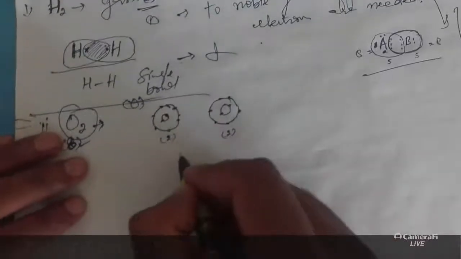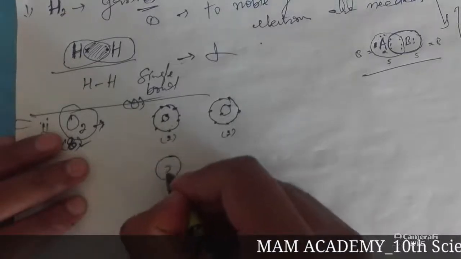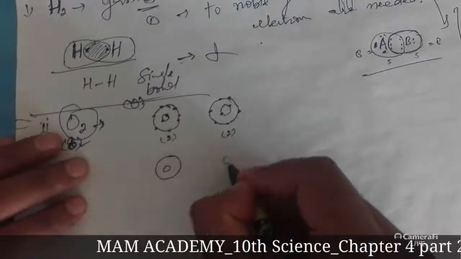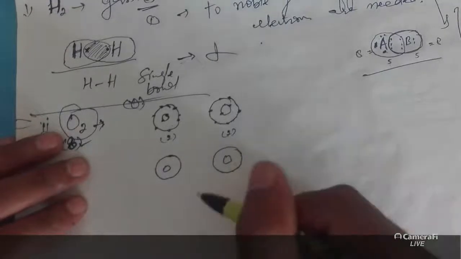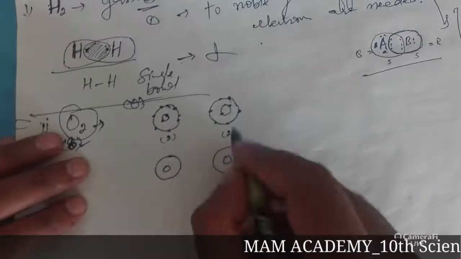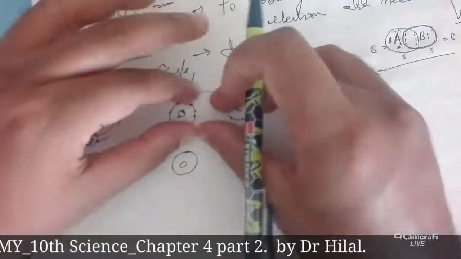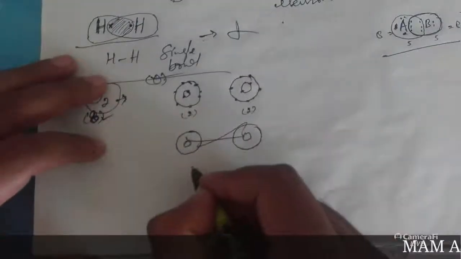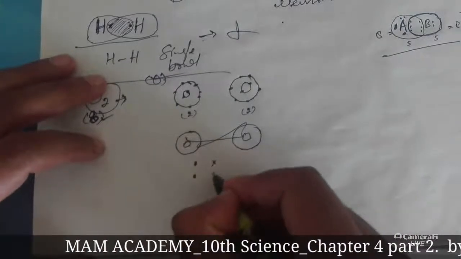So let us draw it again. This is one oxygen, this is one more oxygen. When we bring these two oxygens near to each other, it will not look like this. First of all, let us check the electrons which they are going to share.